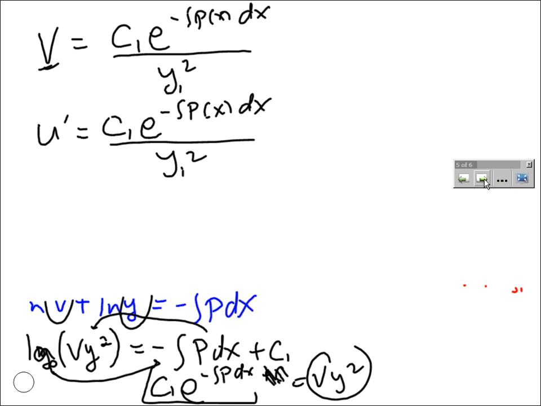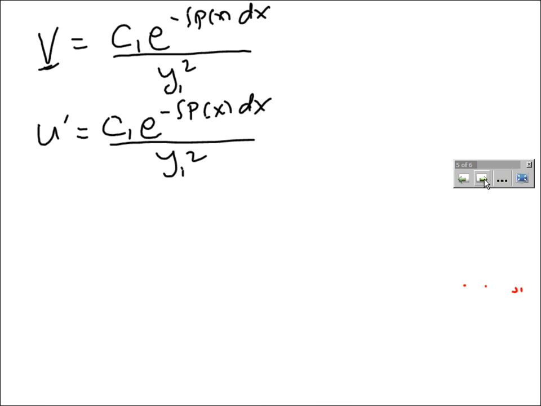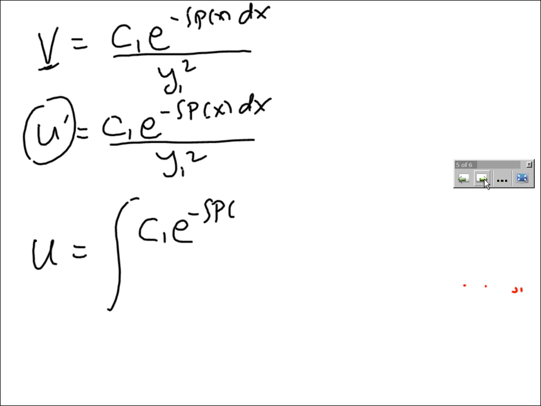But I want to know what u is. If I integrate the left side, I get u. I integrate the right side, I get the integral of the right side. Now, y2, the second solution to the homogeneous equation, is y1 times u.